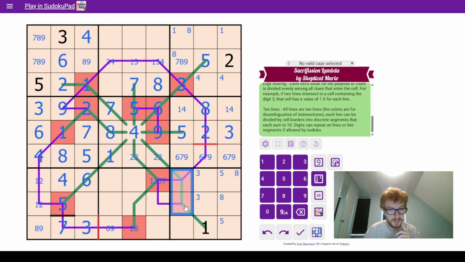Okay, so we couldn't put an 8 on there. But that could still just be a 2-cell line, and that could be a line. But one of those is odd. Could this be one whole line?